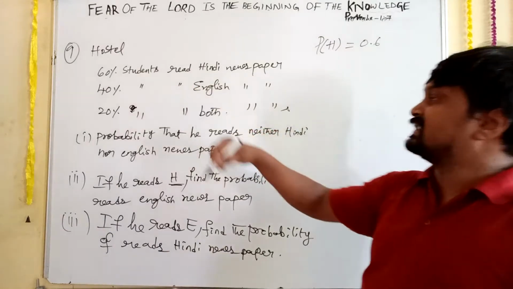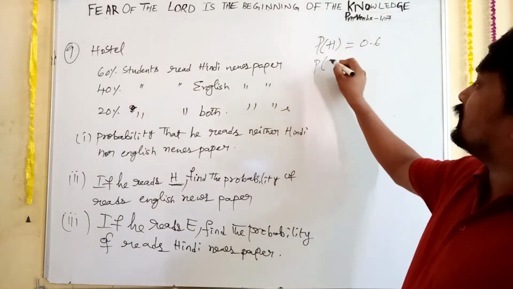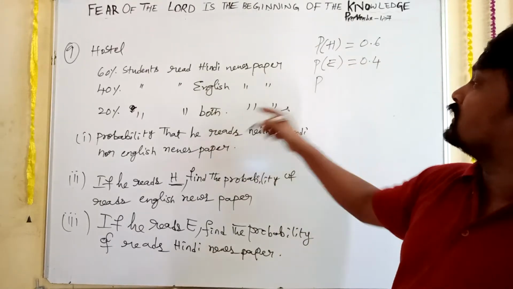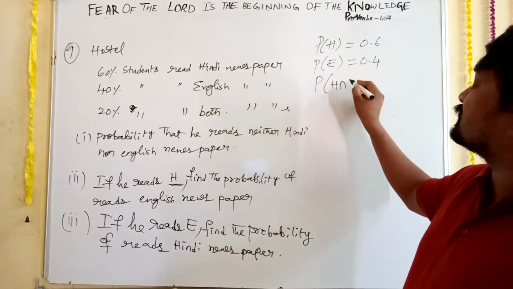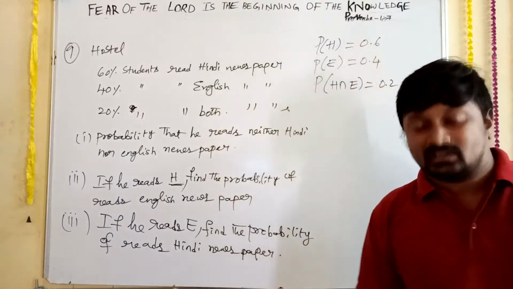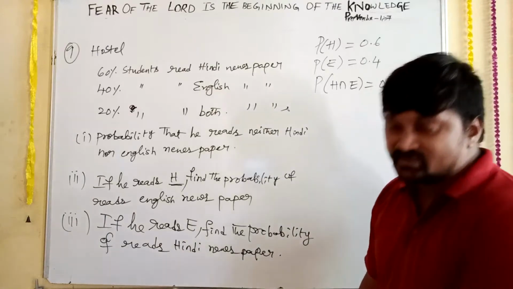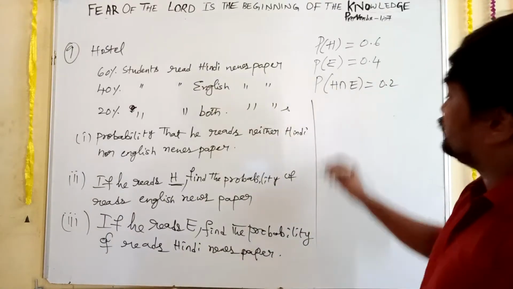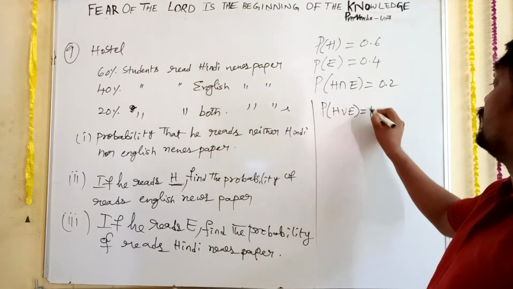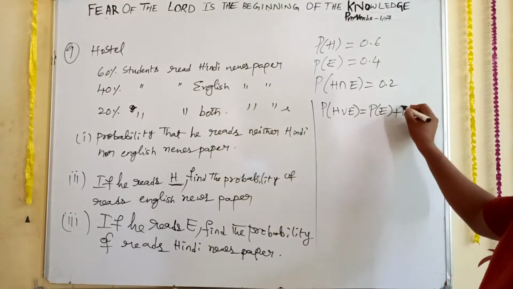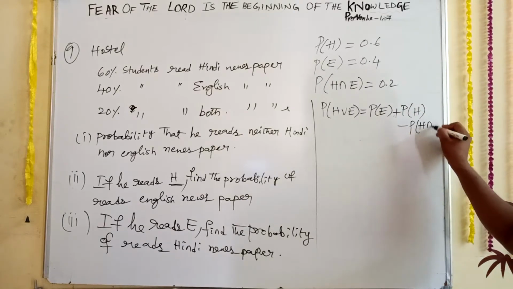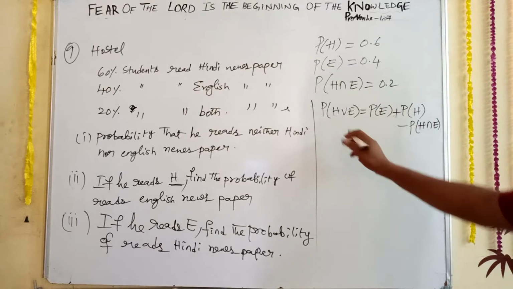Probability of English newspaper is 0.4, and for both, probability of Hindi intersection English is equal to 0.2. You got all. When you get all, then also find the union. What is your formula? P of H union E is equal to P of E plus P of H minus P of H intersection E. Use this and find the union.